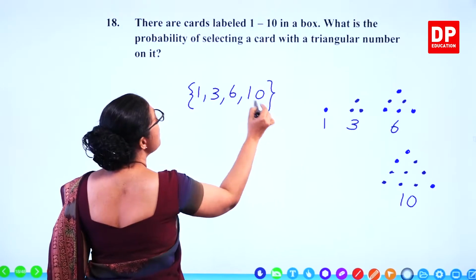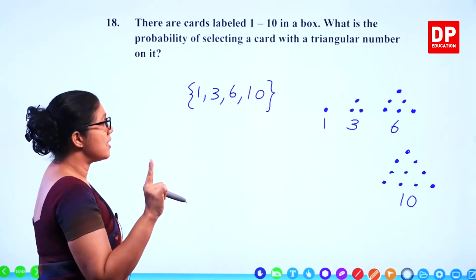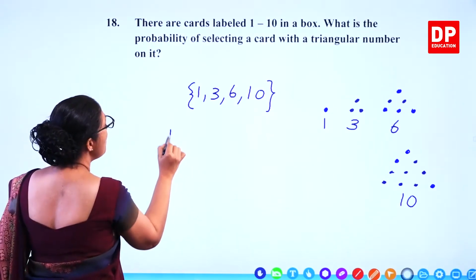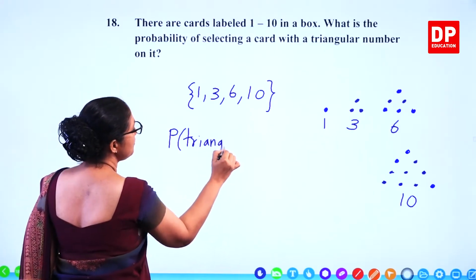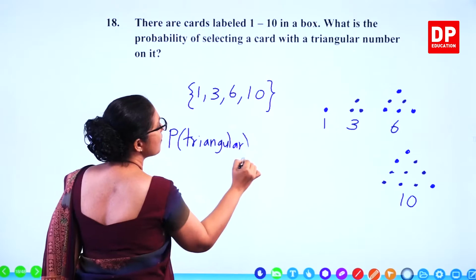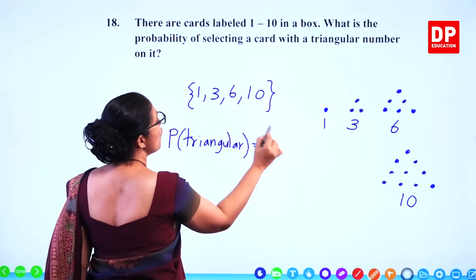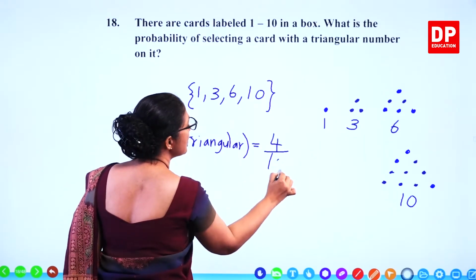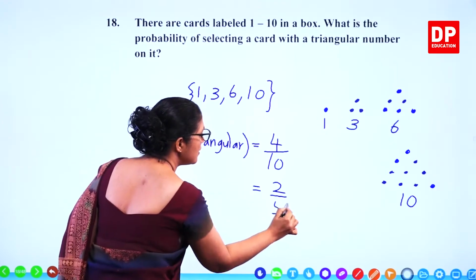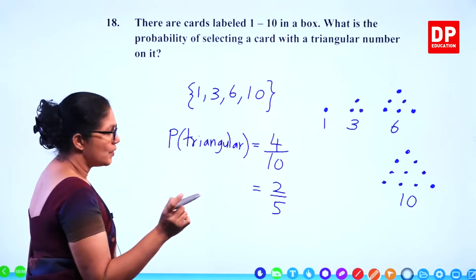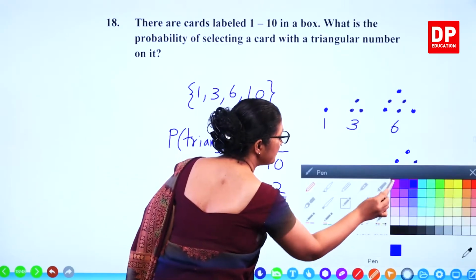So 1 to 10 means 10 is also included. So what's the probability of getting a triangular number? 1, 2, 3, 4. 4 numbers out of 10. 4 over 10. So simplify, divide by 2, you get 2 over 5. So you get 2 marks for that.